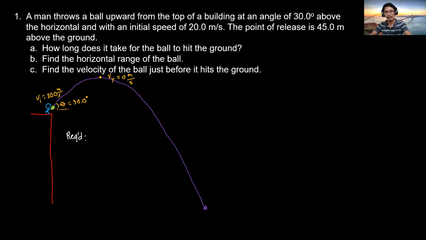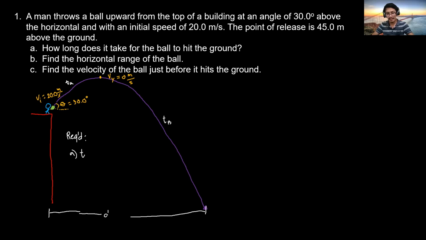First required: how long does it take for the ball to hit the ground? So the time here, the total time, is what we are looking for. For letter B, find the horizontal range. That is dx, from the building to where the ball lands.